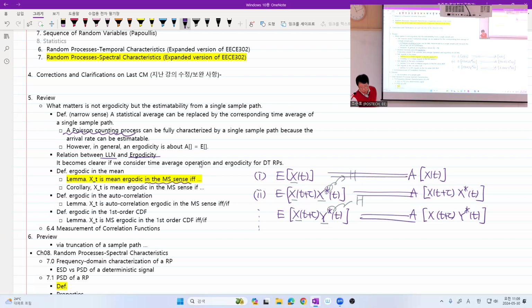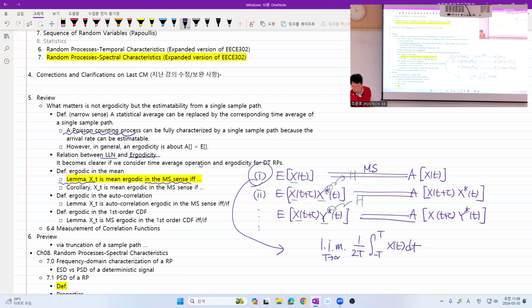And here goes some interesting lemma related to the mean ergodicity in the mean square sense. So this first thing, and here equality is in the mean square sense. What does that mean? On the right-hand side, when you take the limit, you have to use l.i.m. to mean limit in the mean, and you have 1 over 2T, the integration interval is of length 2T, and you have x of t dt.